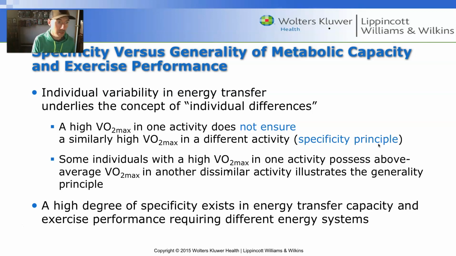If you're going to help somebody improve any fitness characteristic, ideally you would test them beforehand to see where they stand initially. Then you would carry out some training with that person, and then you would test them again to see if they've improved. So going back to my example of the broad jump, if you have an athlete, and the broad jump is a great test for explosive abilities.